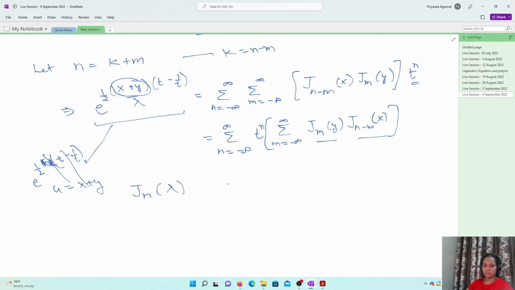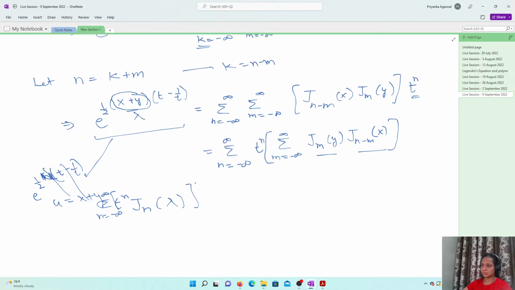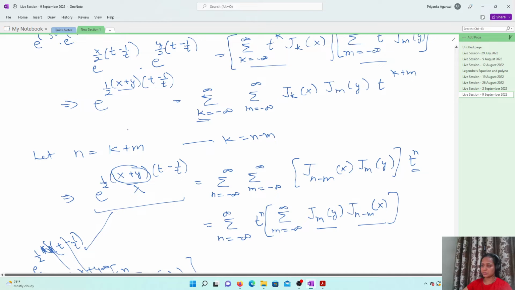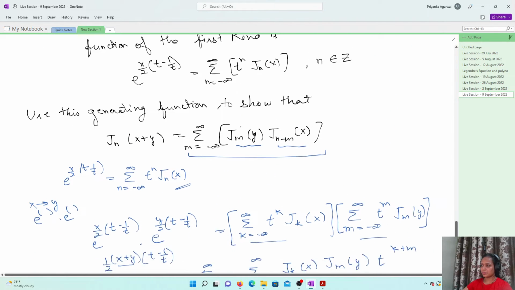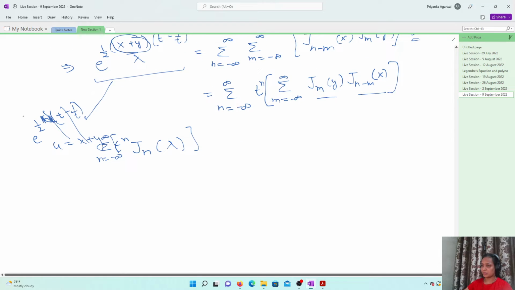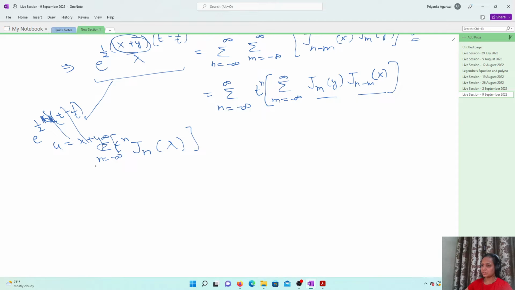So this will become summation n equals minus infinity to infinity t to the power n Jn of lambda, from this particular definition. And now you equate it to this, so you have this thing common on both sides.